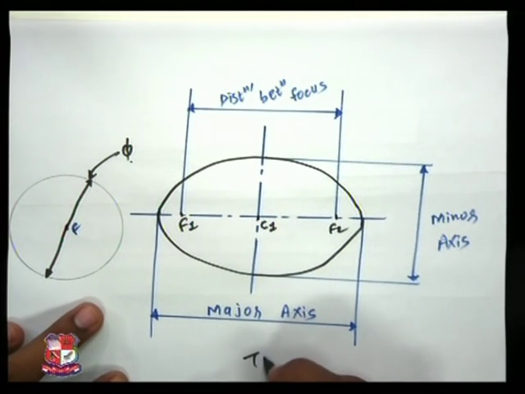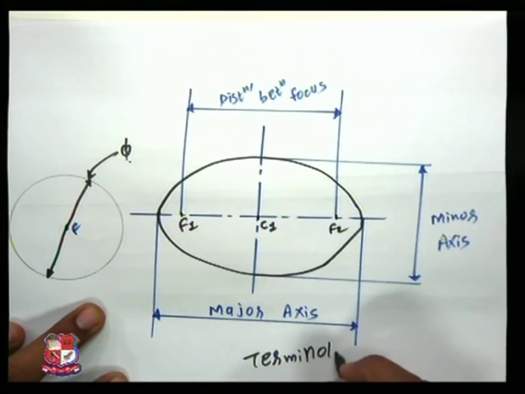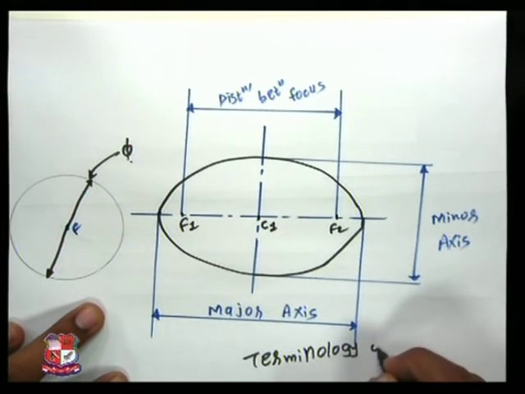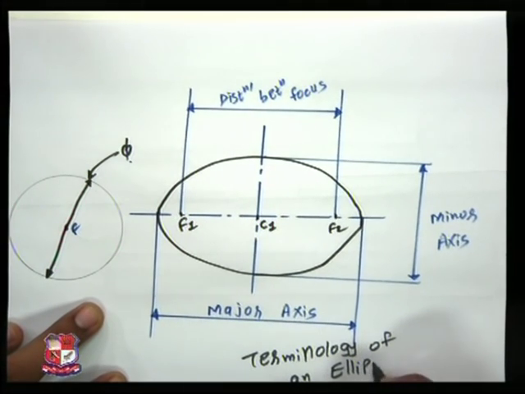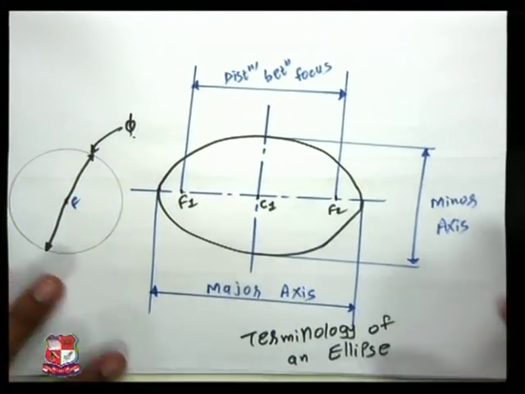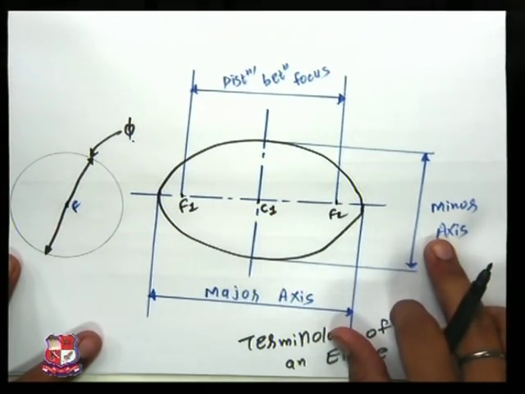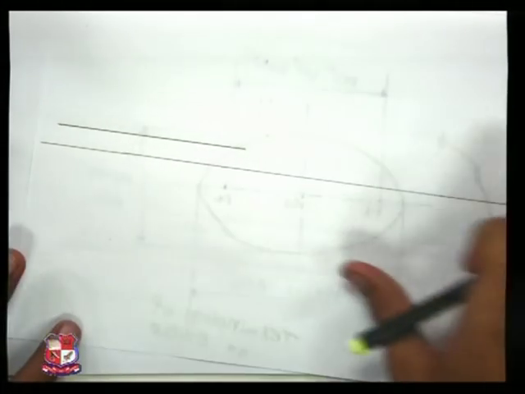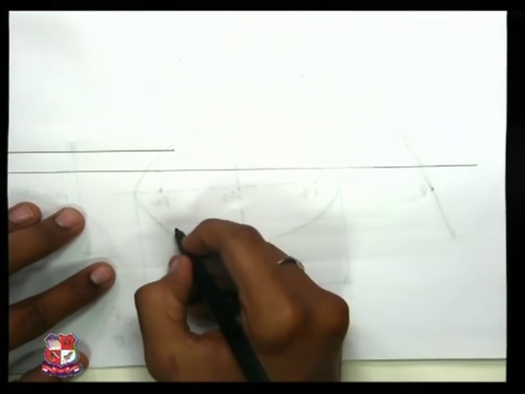It is the terminology of an ellipse. Two axes, major axis and minor axis. Now we will see what kind of things are required to draw an ellipse.